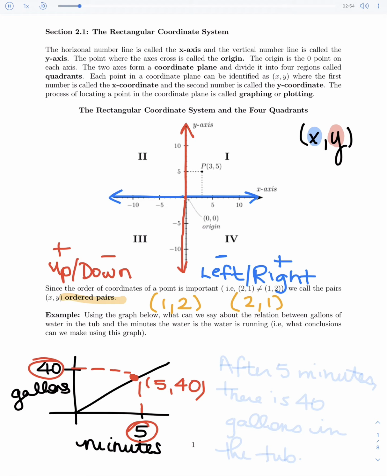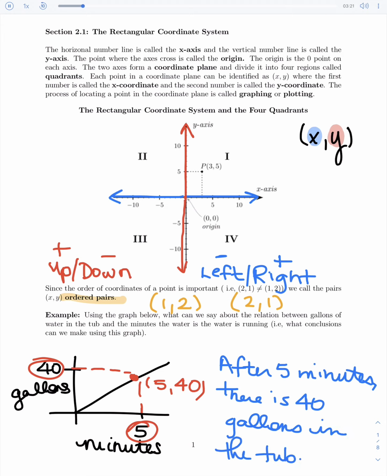So if we were to write an actual sentence about this point, what this point is telling us is that after 5 minutes of running water, there is exactly 40 gallons of water in the tub.